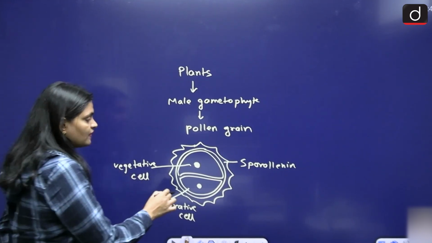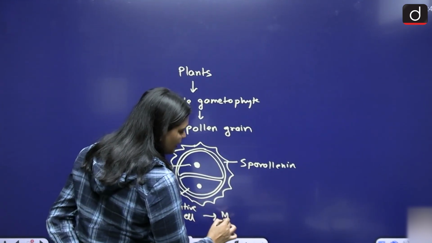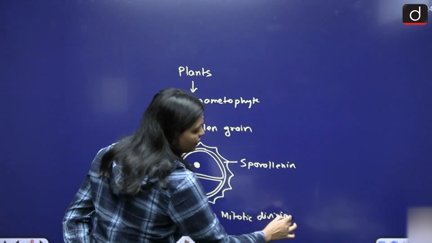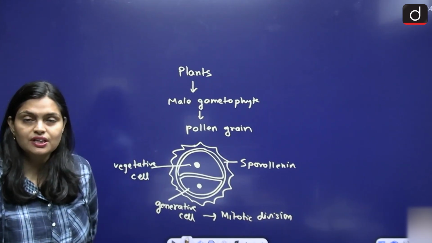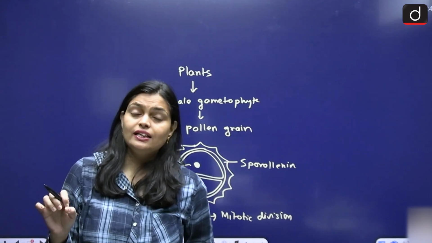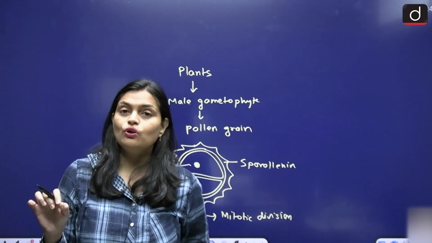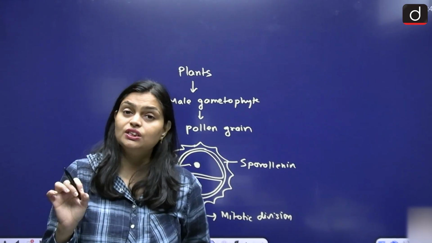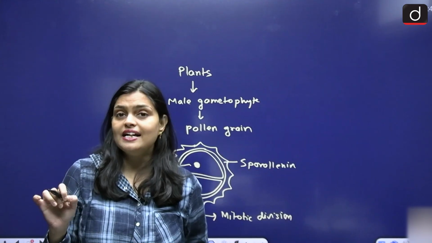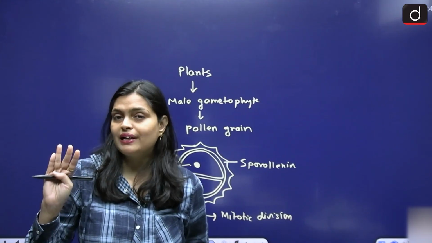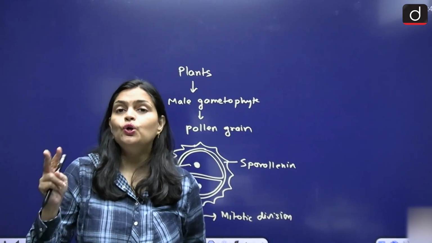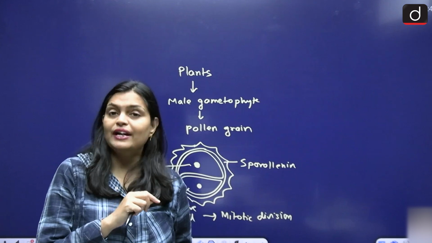The generative cell further undergoes mitotic division. What is the difference between mitotic and meiotic division, guys? See, meiotic division occurs in the germ cells. Meiosis is meiotic. Within the germ cells you get meiotic division, and the cell divides into 4. Ultimately you get 4 daughter cells, but the generative cell divides into 2 here with the help of mitotic division.